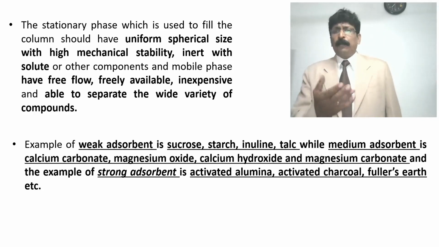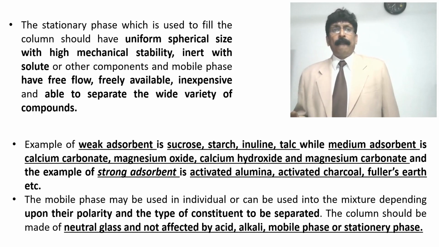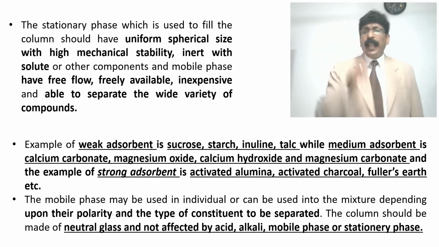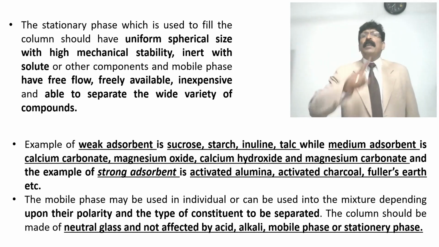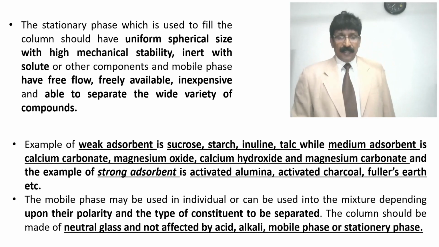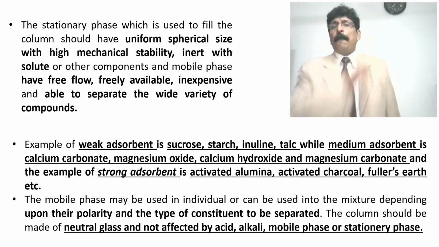They can all be used in a column. The mobile phase may be used individually or in a mixture, depending on their polarity and the type of constituent to be separated.